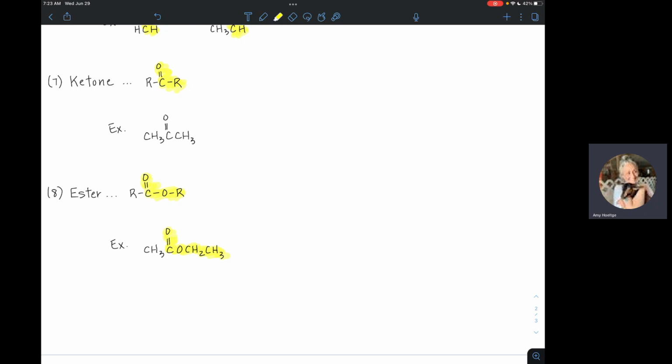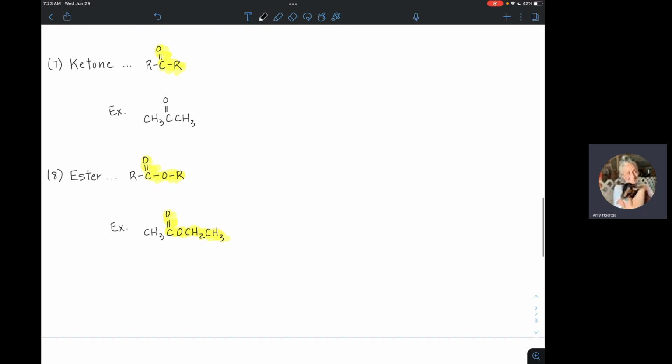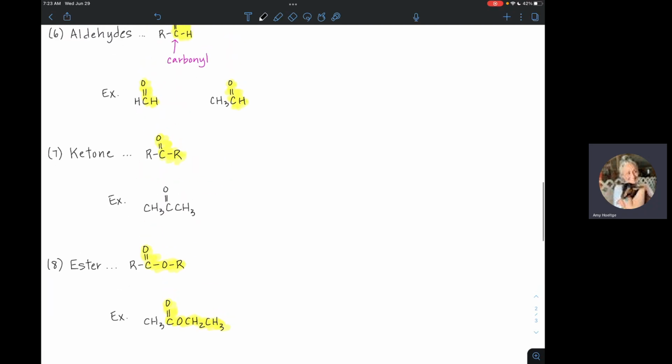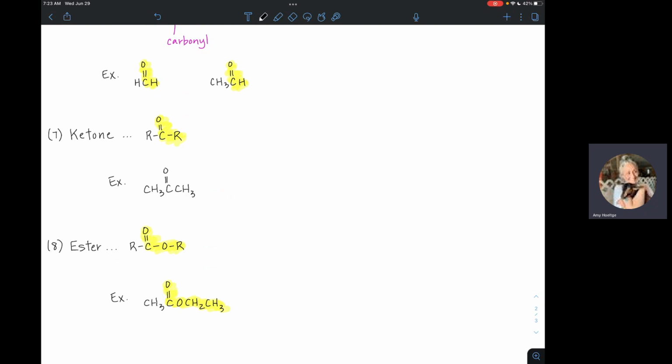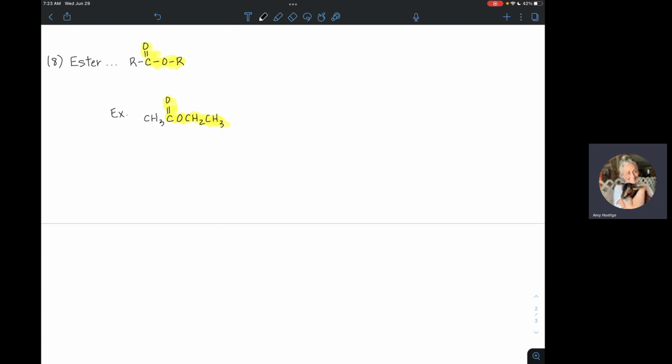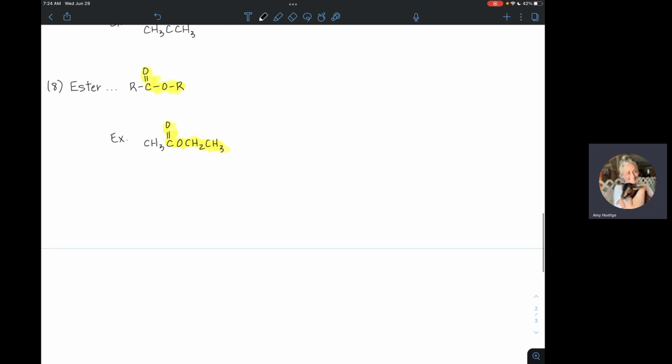So if you've ever used nail polish remover for fake nails, nail polish remover for regular nails is acetone. You see that there. Nail polish remover for fake nails is ethyl acetate. These typically have fruity, kind of delicious smells. Not everything in organic chemistry smells awesome, but esters usually smell pretty good.